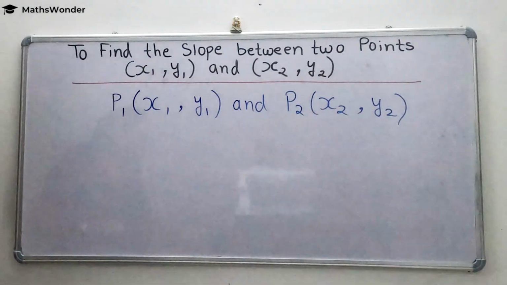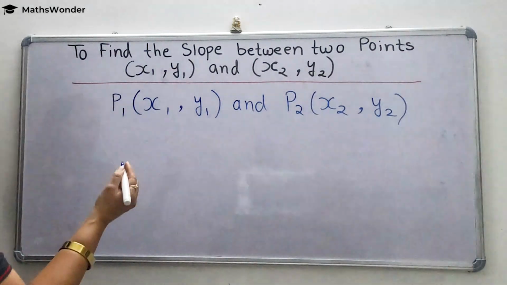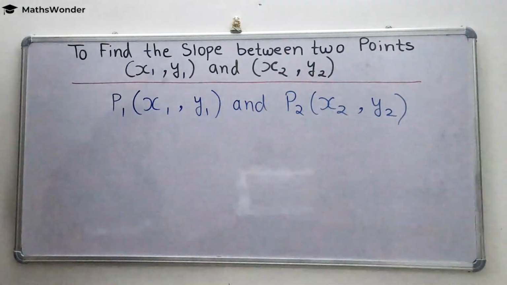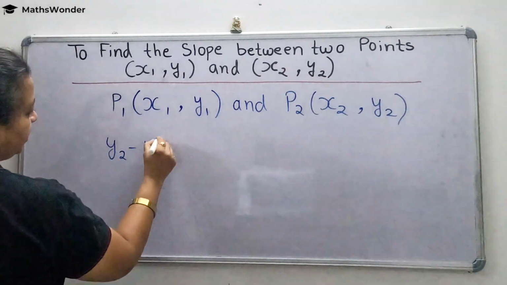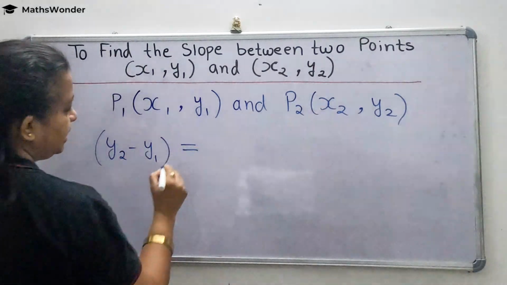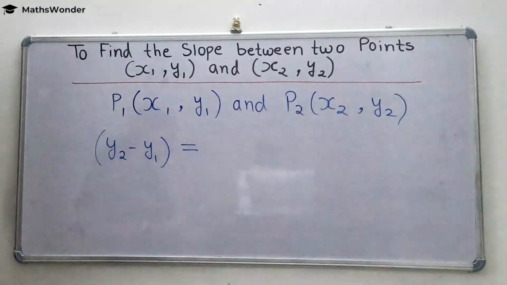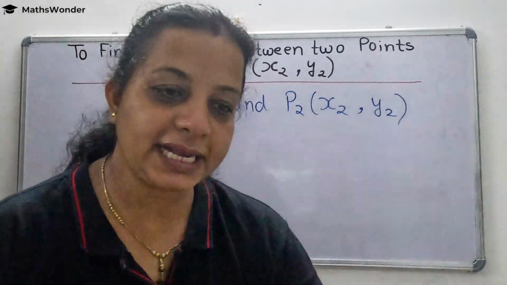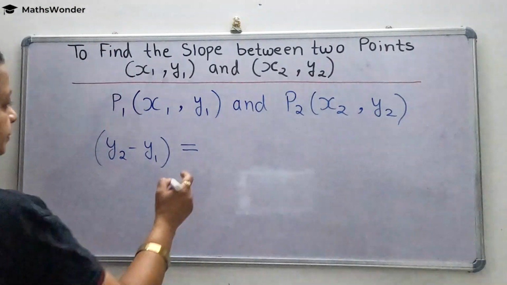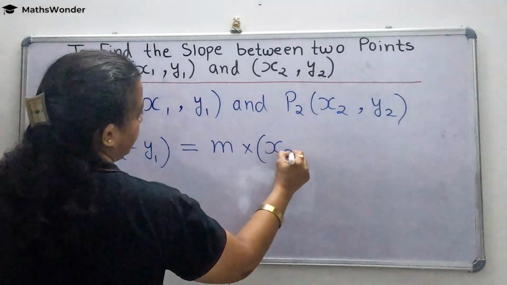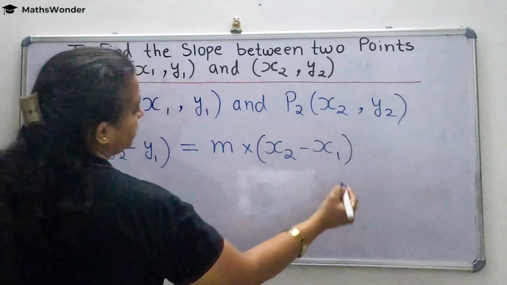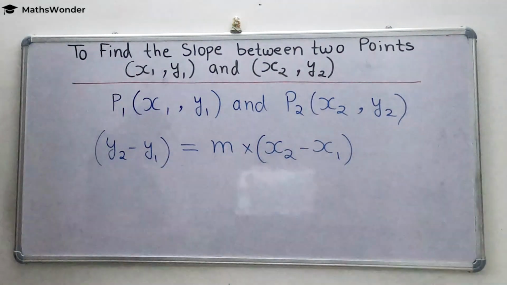So the linear equation is y2 minus y1 is equal to m times x minus x1, or x2 minus x1. If you take x or x1, that is also right. Okay, so the naming is just different.